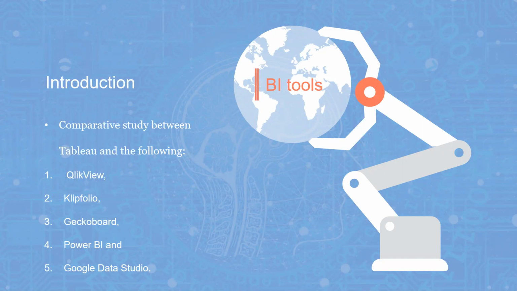So today we are going to do a comparative study between the leading BI tools these days, that is ClickView, Clipfolio, GeckoBoard, Power BI and Google Data Studio. For some of them you have to pay, and for some of them, like in Tableau, if you remember, Tableau Public is free while you have to pay for other Tableau products.